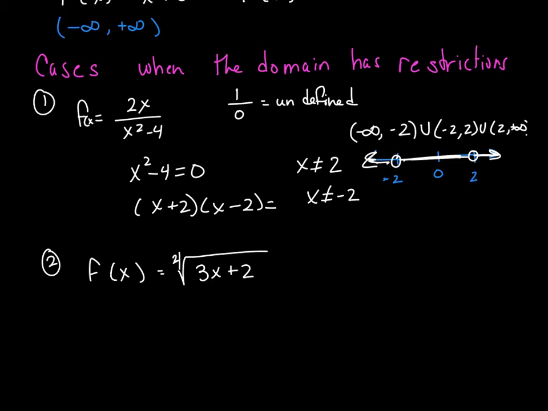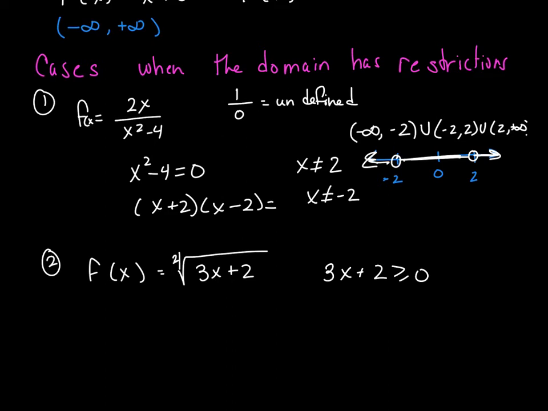When I have that, the restriction on your domain is that everything underneath the radical, meaning all of inside here, absolutely must be greater than or equal to 0.